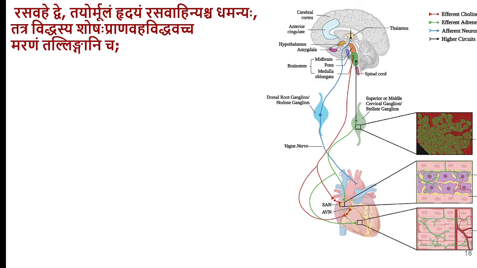And the Rasavahi Dhamani, over the vessels, also have alpha and beta receptors. Through these alpha and beta receptors, they produce either constriction or dilatation of the vessels. So sympathetic control of blood flow has two components. One, enhancing the pressure of contraction of the heart by stimulating the SA node, and the other is regulating the flow at the periphery, the blood vessels, by either making them contract or dilate.